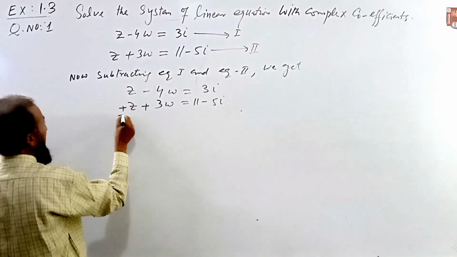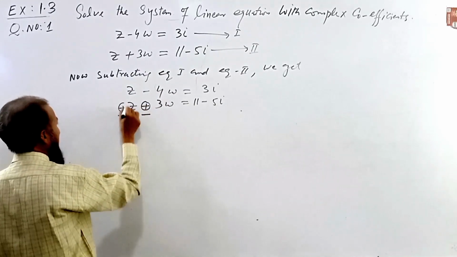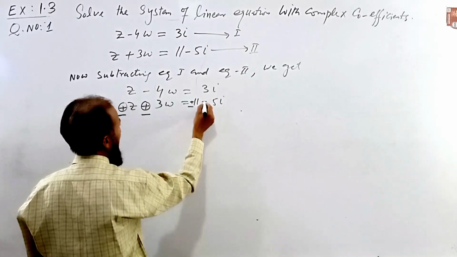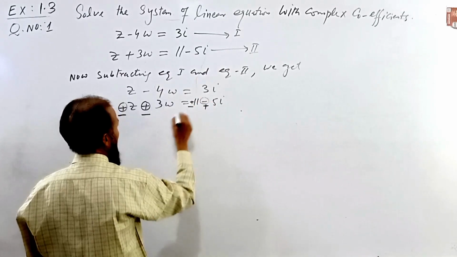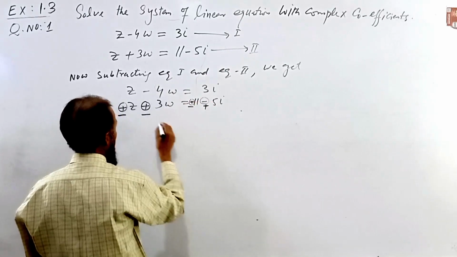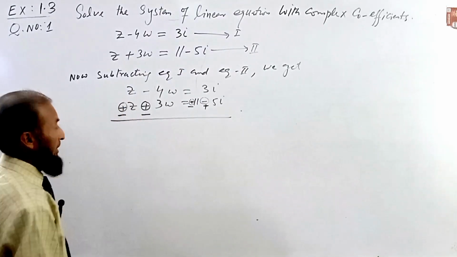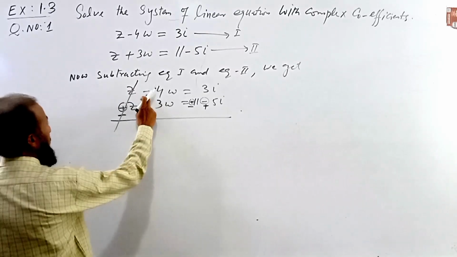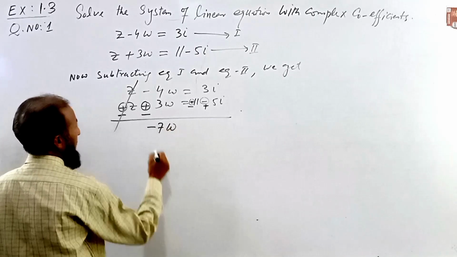Here it is positive, and in subtraction we change the sign, so this sign is finished, and here it is positive, this will be negative, here it is negative, so it will be positive. It means that the sign is changed. Z minus z cancels, minus 4w minus 3w, so we will get minus 7w.